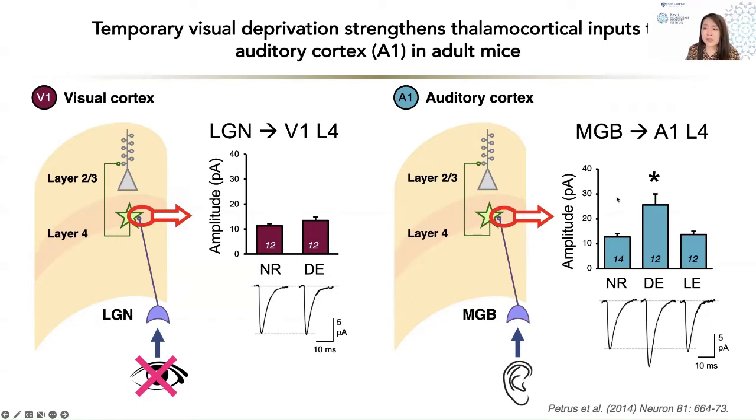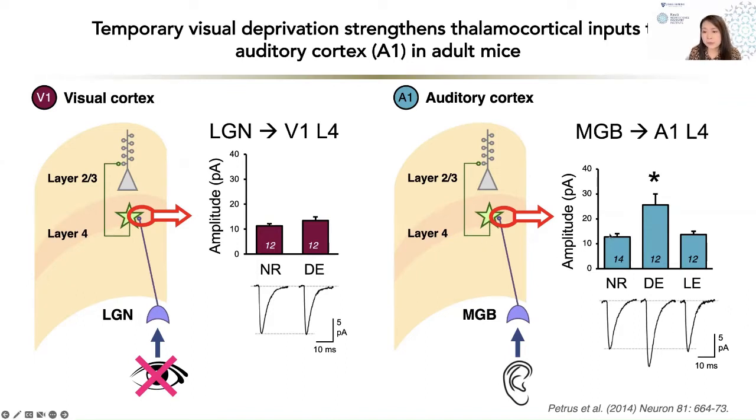So this was quite exciting as well as perplexing for us, because it's been known that the thalamocortical synapses stop having plasticity after the initial postnatal development, which we call the critical period. So seeing this change when we deprive the animals of vision as adults was quite a surprise.